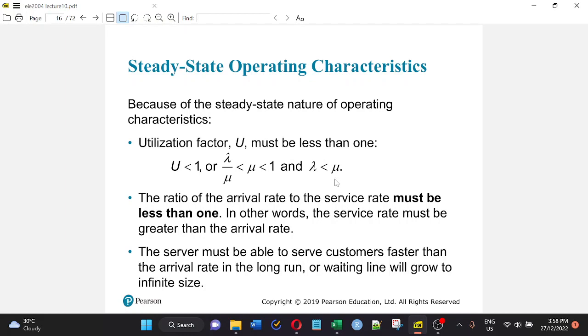If it is larger than 1, then you're going to develop a very long queue that will just add up, and you will never be able to clear up the queue. So the ratio of the arrival rate to the service rate must be less than 1. In other words, the service rate must be greater than the arrival rate, and the server must be able to serve customers faster than the arrival rate in the long run, or the waiting line will grow to infinite size.